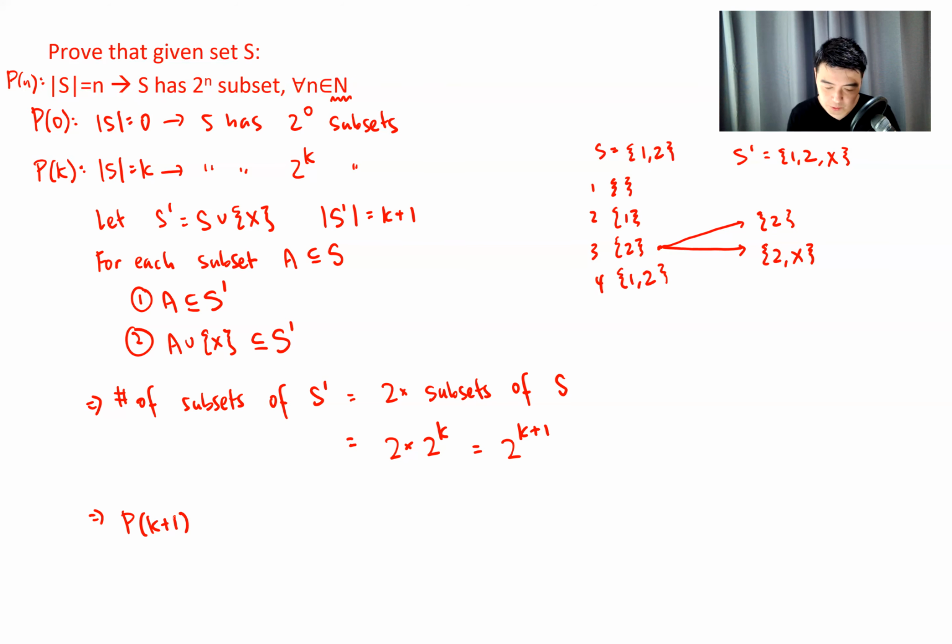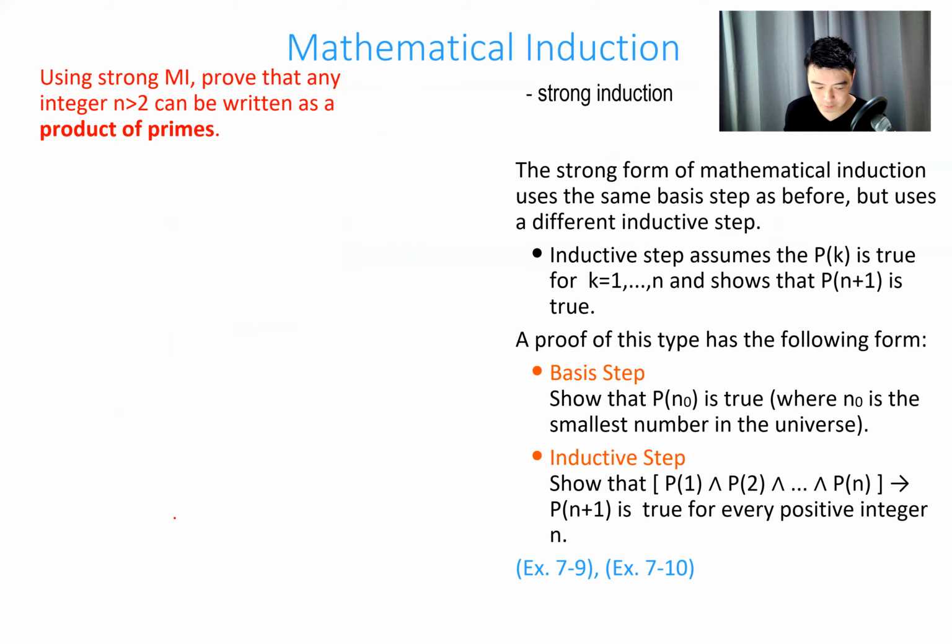Okay, so what I've just told you about is an example of what we call regular mathematical induction. I know I really haven't used the term regular mathematical induction, but this is the most common type. To contrast this, there's another type called strong mathematical induction.